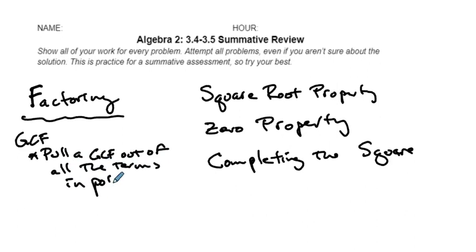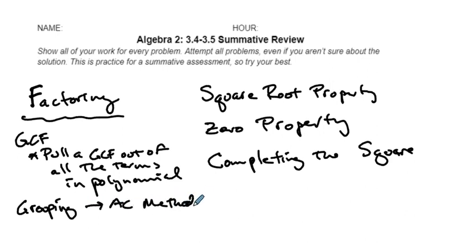So that would be a case where there's no grouping or anything. And then the other one is going to be grouping, and there's general grouping, and then there's the AC factoring method. Pretty much we're going to concentrate on the AC method. And we'll talk about all of these in the upcoming videos.